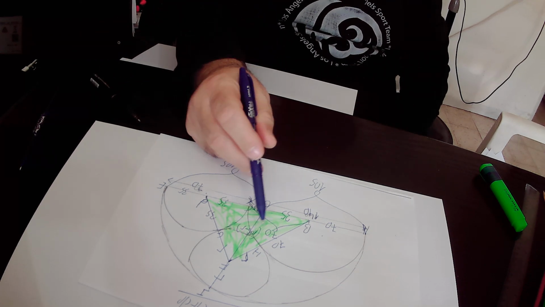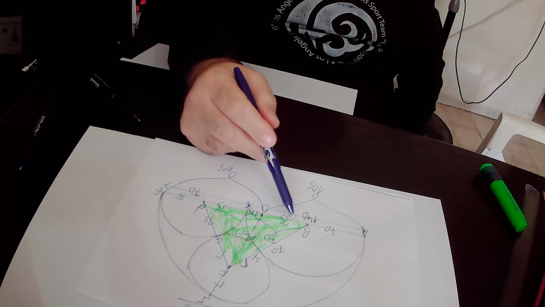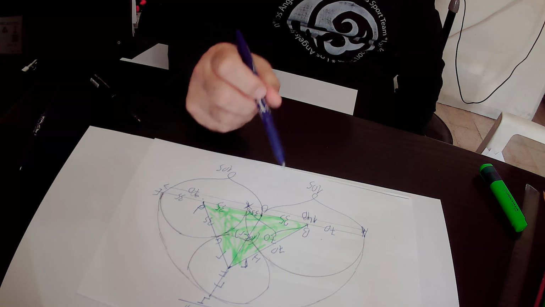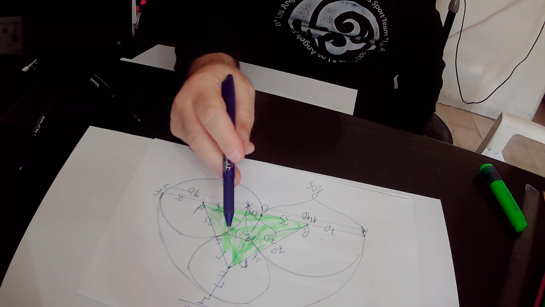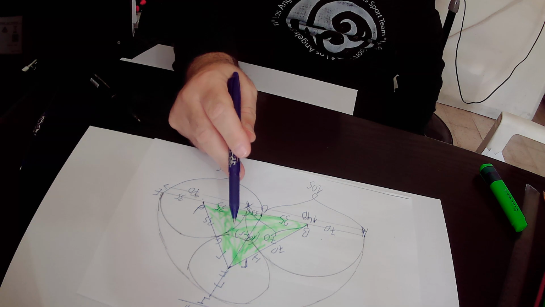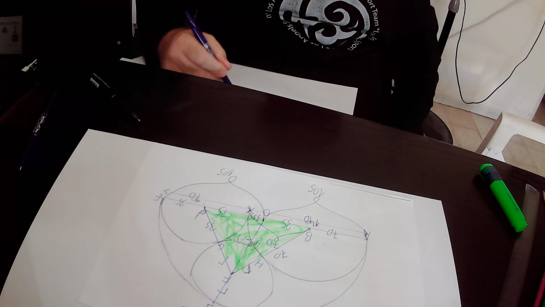Side BF of this triangle, triangle BFD, equals 70 plus r units. Side FD of triangle FBD equals 35 plus r units.